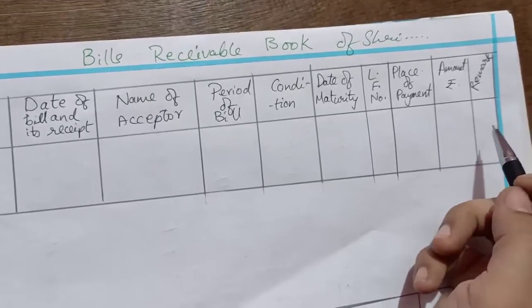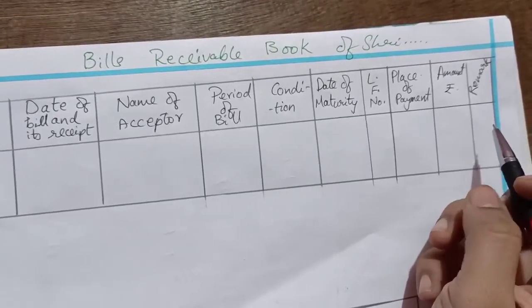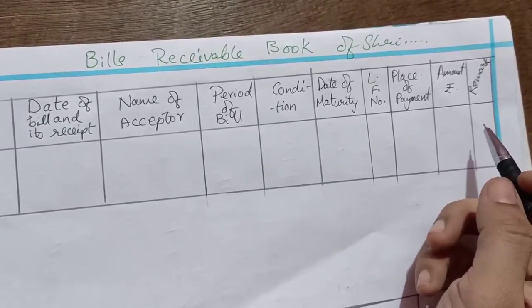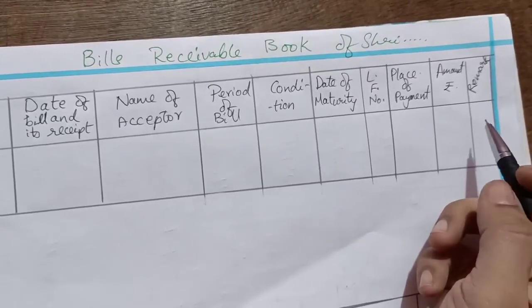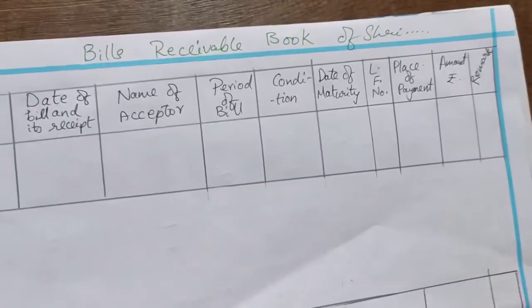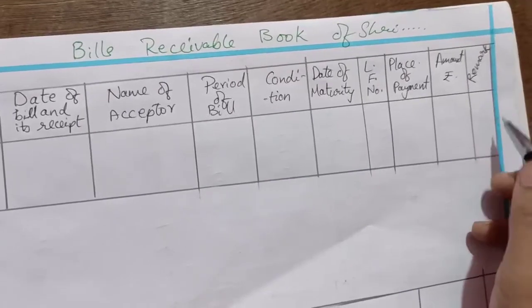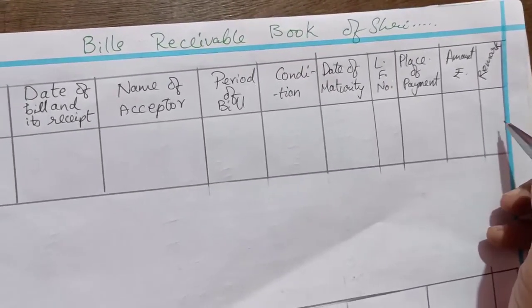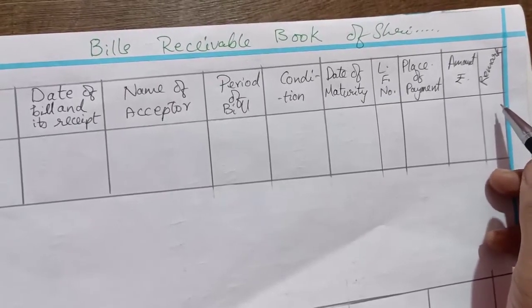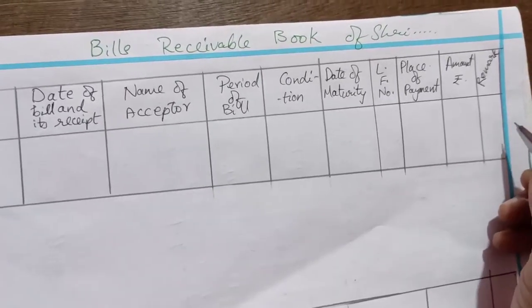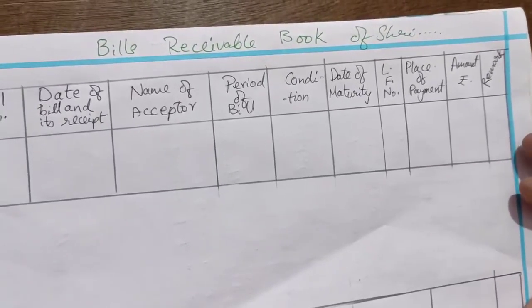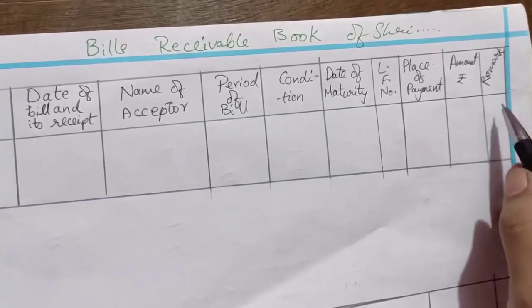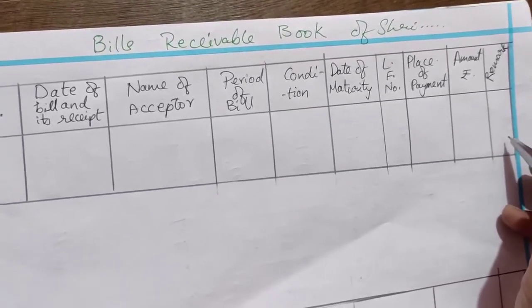Amount, and in the remarks column, the details of its use or the disposal of the bill has to be shown. For example, if the bills are discounted in bank, or if it is endorsed in favor of any creditor, such kind of remarks have to be written over here.